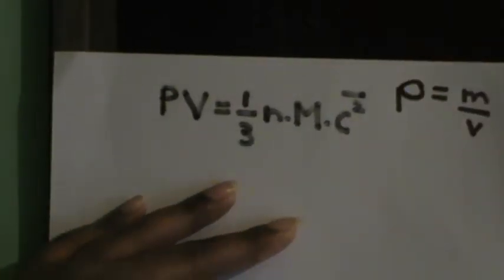I will explain it in terms of gas. The density of a gas is the mass of the gas divided by the volume of the gas. If the gas is inside a container, the volume of the gas is the inner volume of the container.